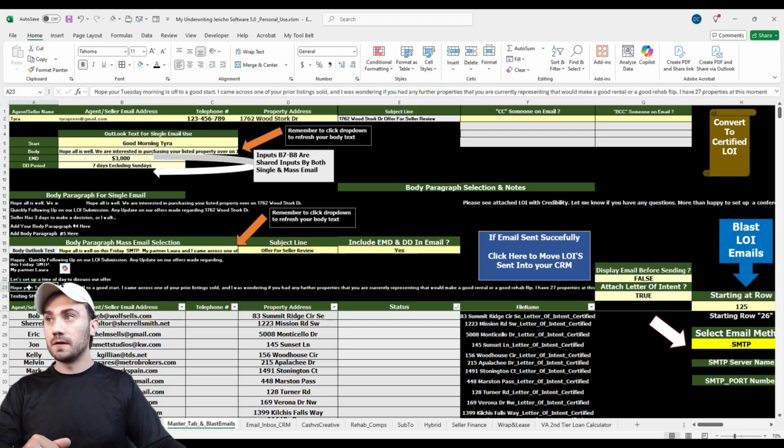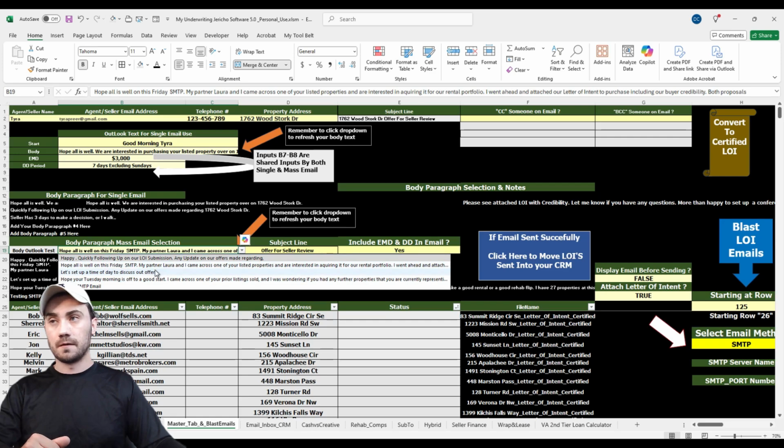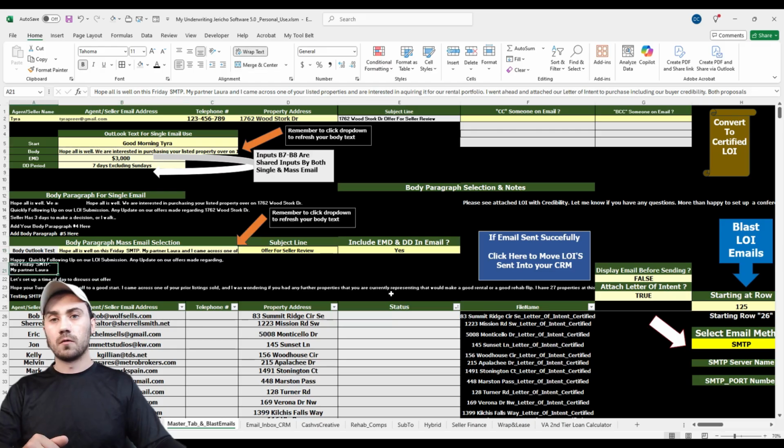So whatever you fill in column A, row 20 through row 24 will automatically be present for you in this drop-down. But if you make any changes here in column A for the body text, just be sure that you are refreshing this information within the yellow box. What I mean by that is today's recording happens to be on a Wednesday, so this happens to be saying, hope your Tuesday morning is off to a good start.